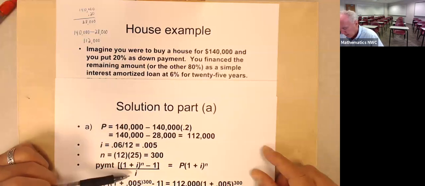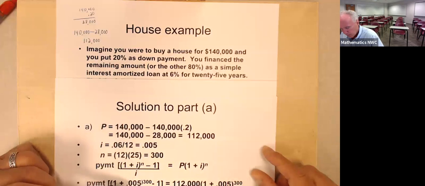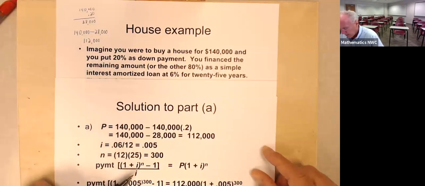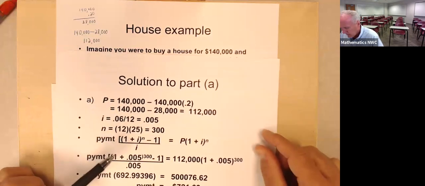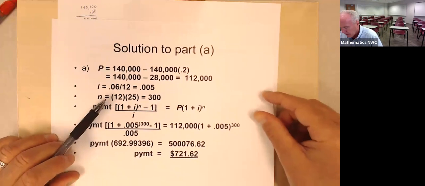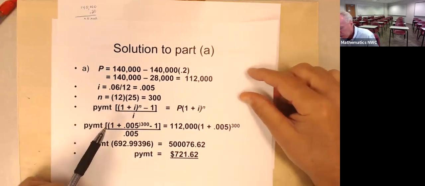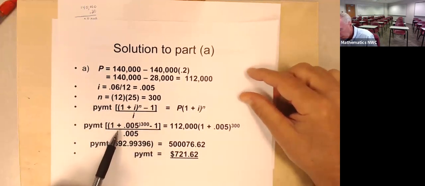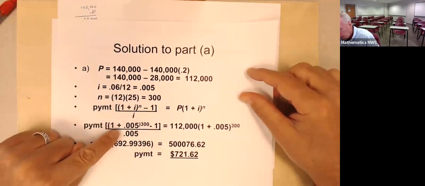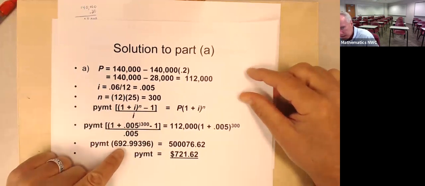I'm going to take the I value, which is 0.005, put it in here as well as over here. The N was 300. So if I put those values in, again, now make sure you can go from your calculator right here down to this 692.